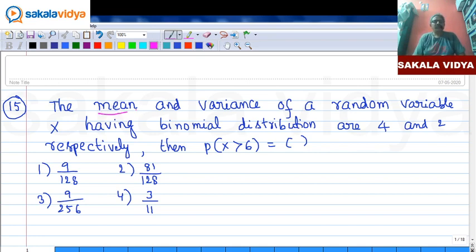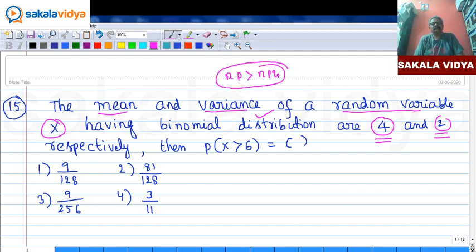The mean of a random variable is always greater than the variance. That is also one of the important points we need to remember. So mean NP is greater than NPQ. First we write NP is equal to 4, equation 1.